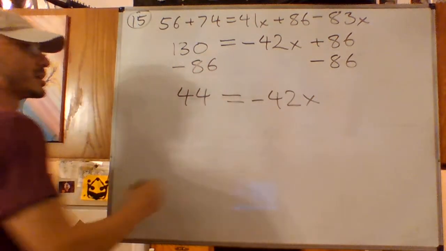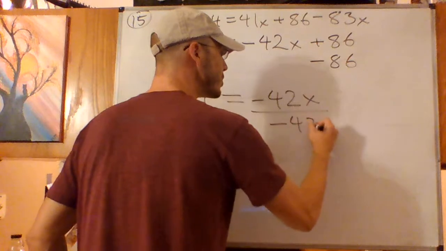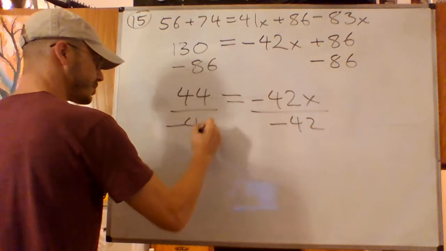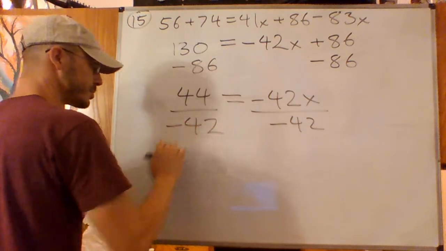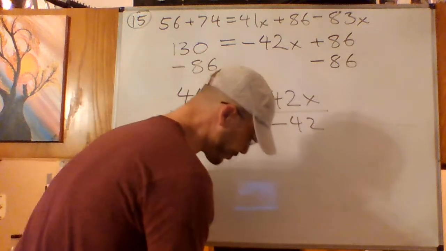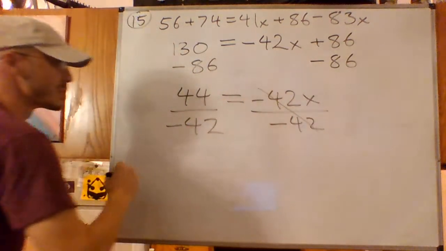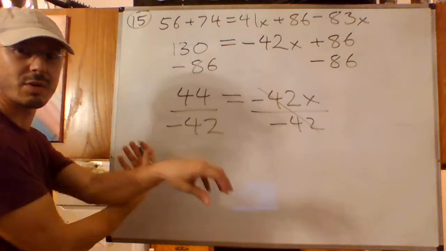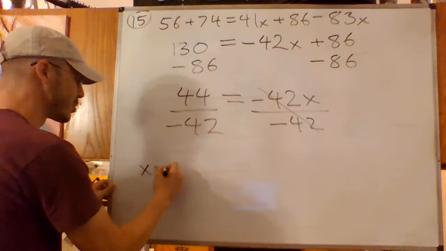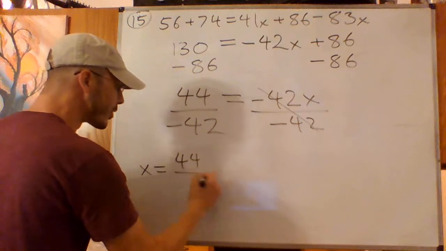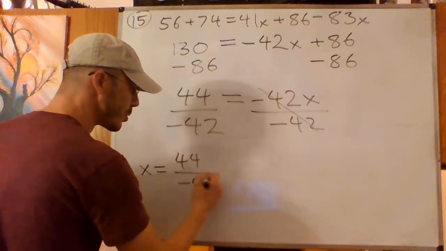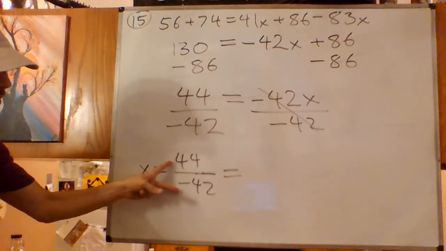And then finally, I can divide by negative 42. Let me get rid of the 42s, but also turn the equation around. So it's x equals 44 over negative 42. We need to simplify this part.